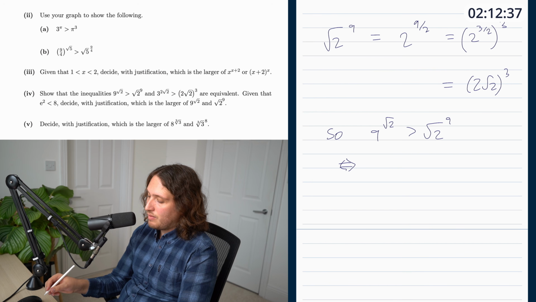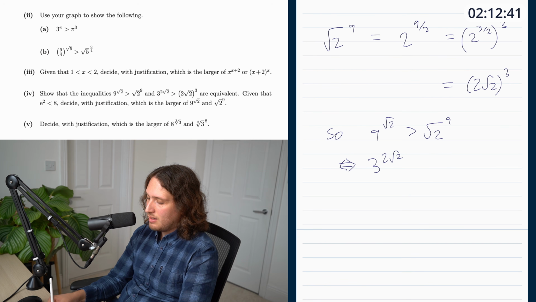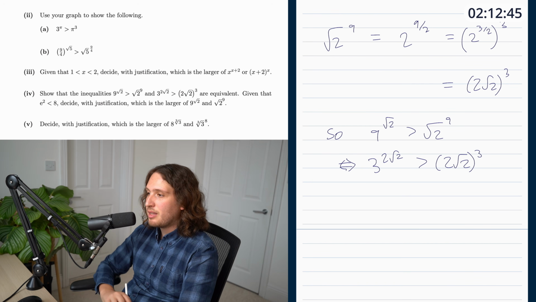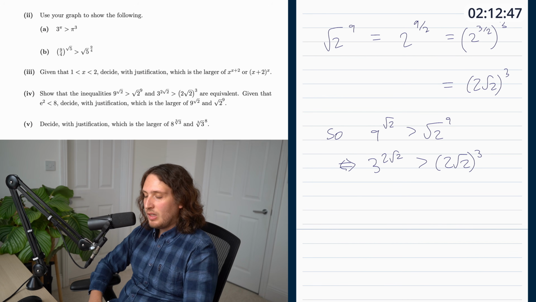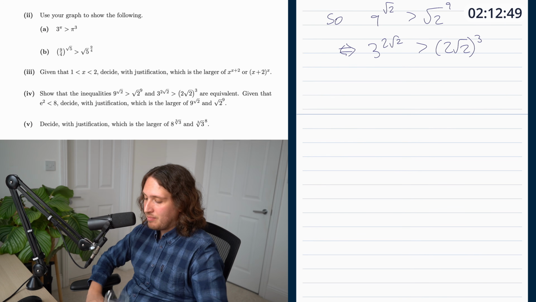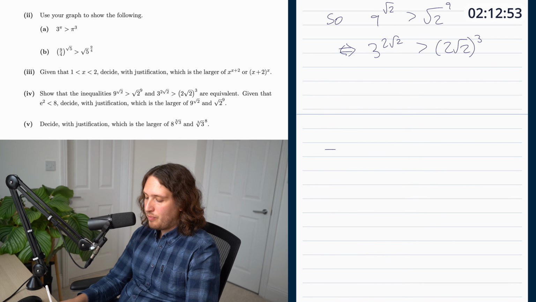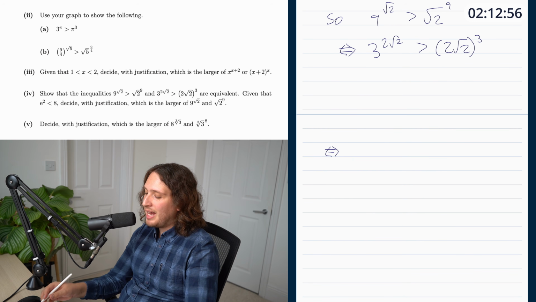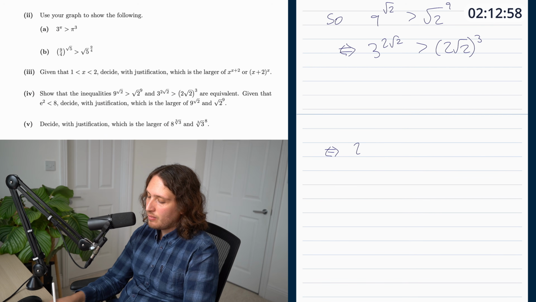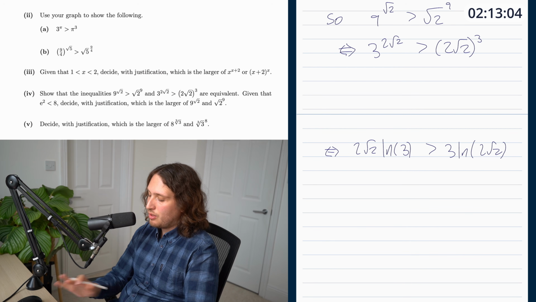That's equivalent. That is what I started with. That's equivalent to this thing. And this is obviously of the form that we're now experts at dealing with. Okay, so we're now going to play the same game. So that would be equivalent to 2 root 2 ln 3 bigger than 3 ln 2 root 2.